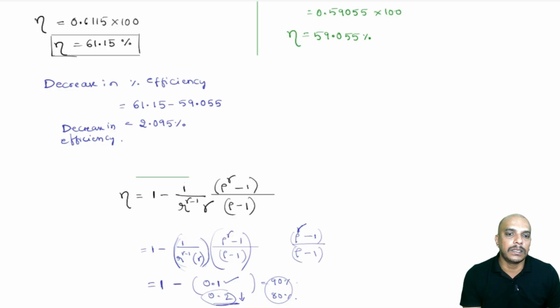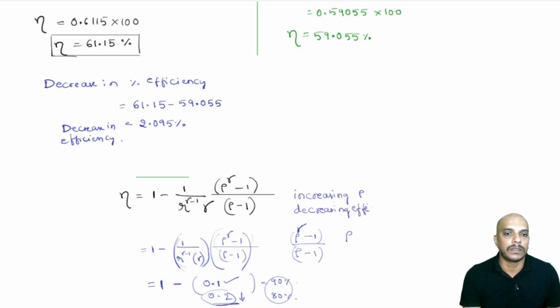So, any increase in the value of rho increases the numerator, and an increase in the numerator will decrease efficiency. So, we can straight away say that increasing cutoff ratio decreases the efficiency. So, increasing rho decreases efficiency. That is the conclusion we can make.